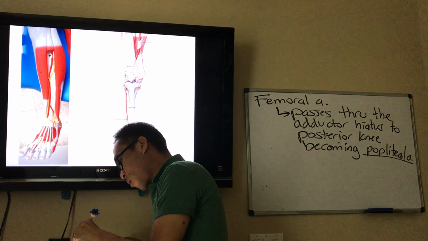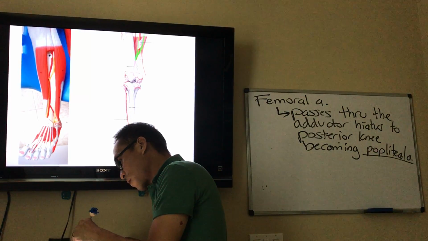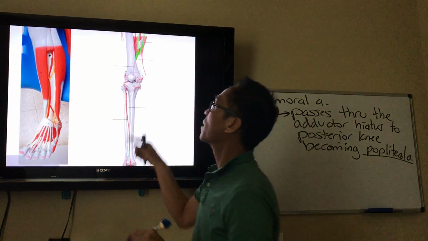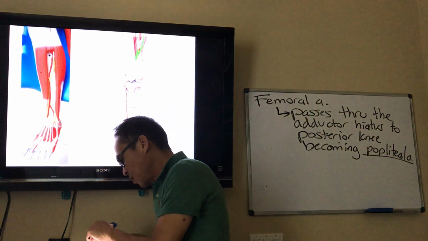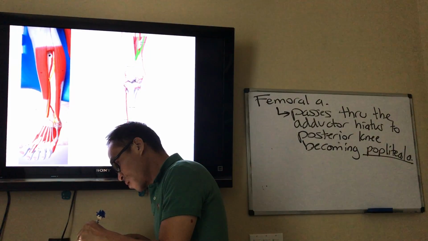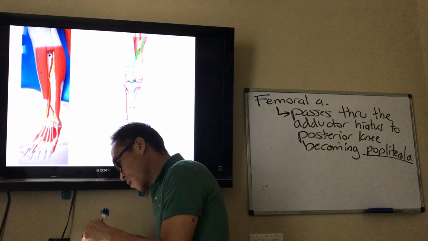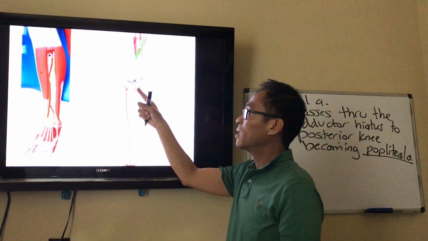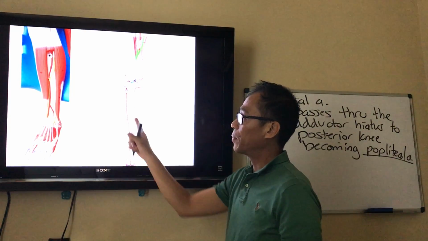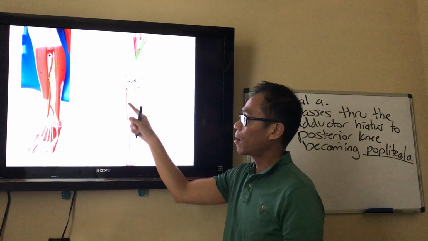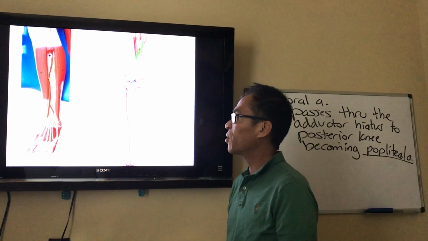So we started off with femoral artery. I'm going to color it in green here, right there. And it's passing through the adductor hiatus. When it gets to the back of the knee, change my color, say to blue. So that's behind the knee. It's the popliteal artery. It gives off one branch that goes to the front. It pierces this interosseous membrane between the tib and fib, and it's the anterior tibial artery.